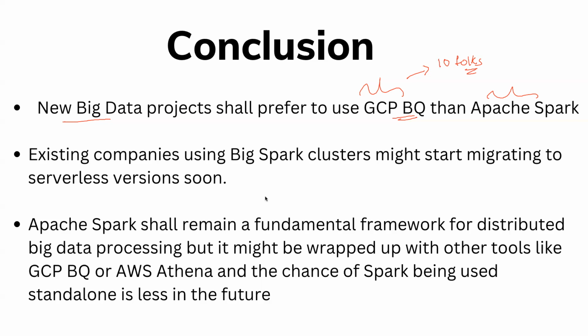For new big data engineers, I would say that Apache Spark still is a fundamental concept for distributed data processing. Hence, go through it, but don't just have that as your tool in your resume or your projects. Try to explore GCP BigQuery, GCP BigQuery stored procedures, Dataproc, AWS EMR, AWS Athena, etc., which focus on the serverless concept. So the key here is serverless.